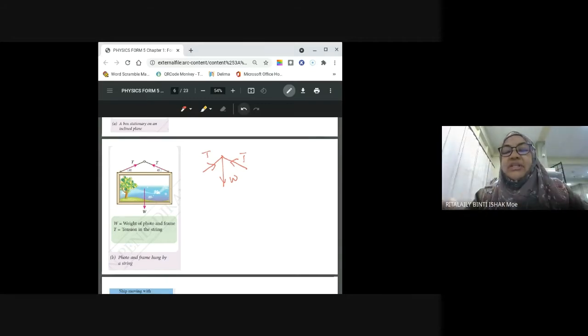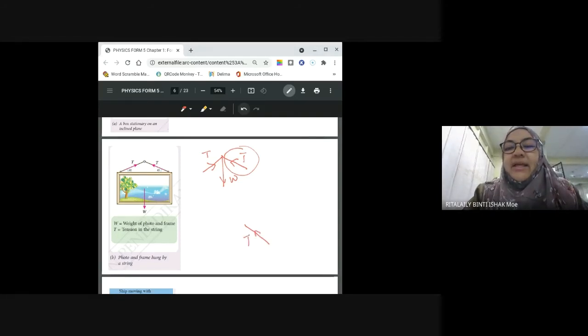So to sketch the triangle of forces, we can move the forces anywhere, kan? Except, there is a condition, which is the direction cannot change, the magnitude cannot change. Okay, so I take this and then I shift it here.